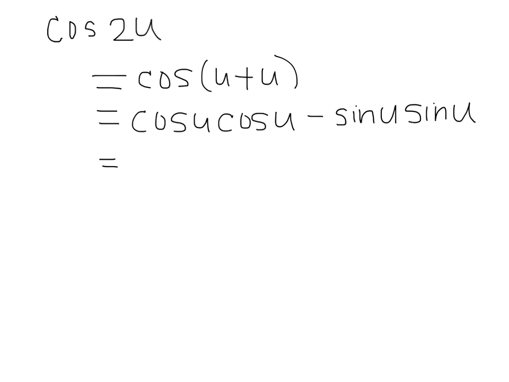Multiplying, we can see cosine u times cosine u is cosine squared u, minus sine squared u. This is one formula for cosine of 2u.